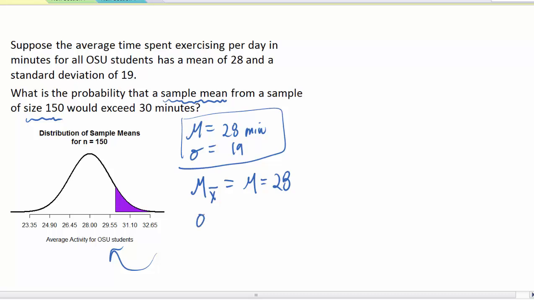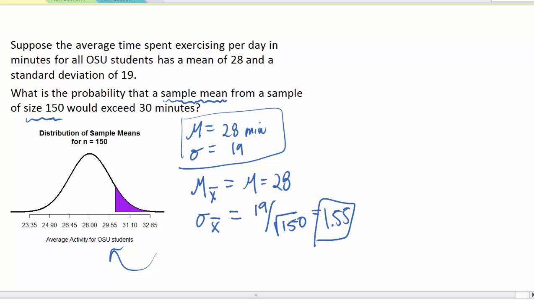But our standard deviation, or sometimes called the standard error, sigma x bar, will be equal to 19 over the square root of my sample size of 150, which in this case is equal to 1.55. So now this is my standard deviation for my sampling distribution of x bar.